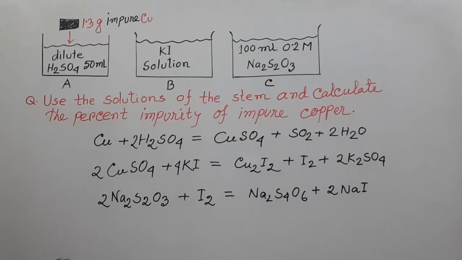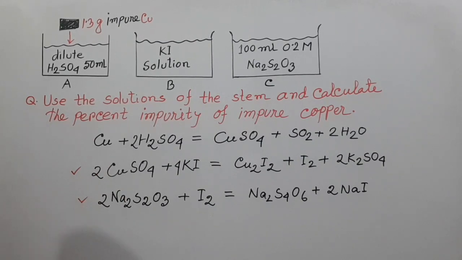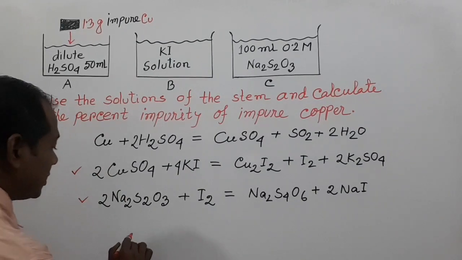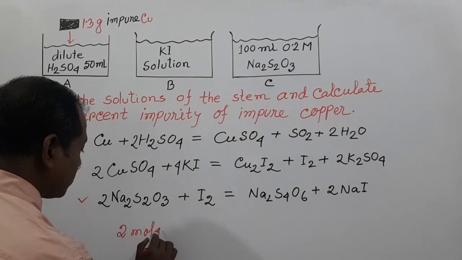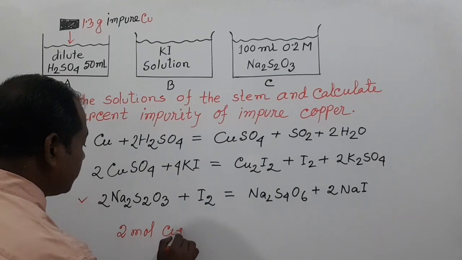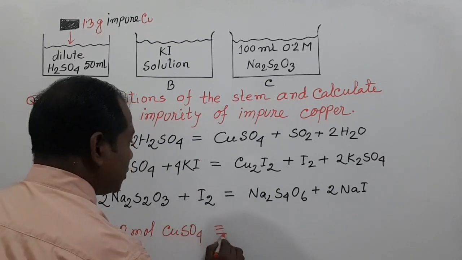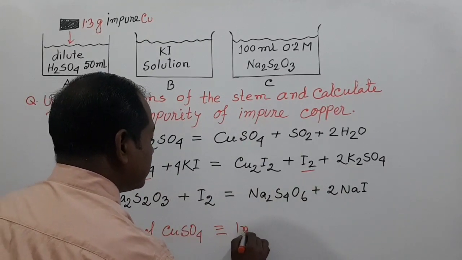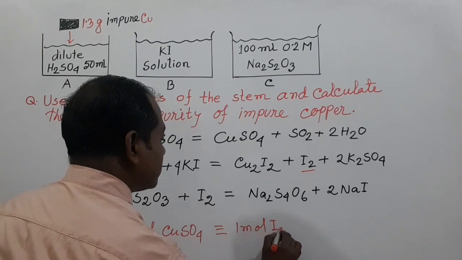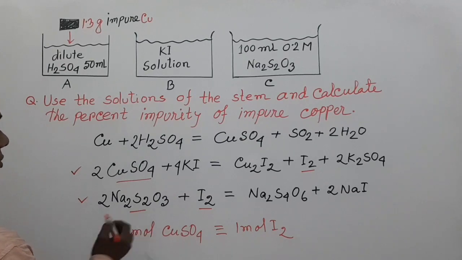According to these two reactions, my dear students, we see that 2 mole copper, as copper sulfate, is equivalent to 2 mole copper sulfate, equivalent to 1 mole iodine, and this 1 mole iodine is equivalent to 2 mole sodium thiosulfate.